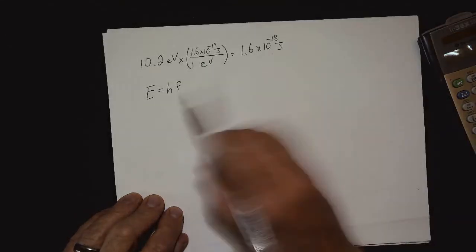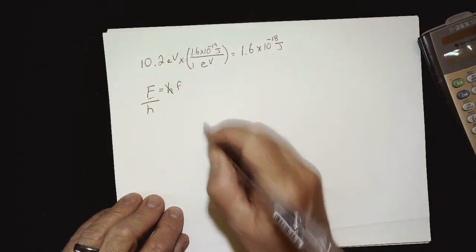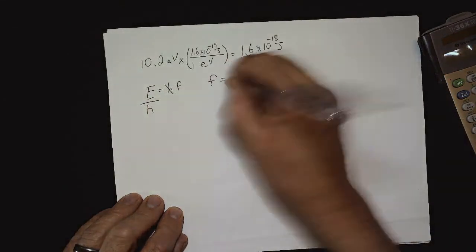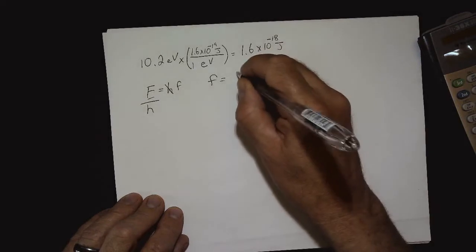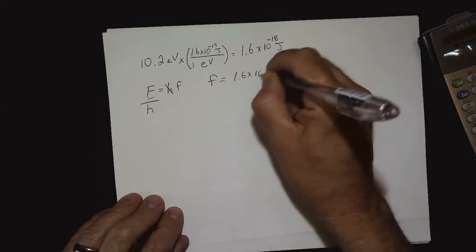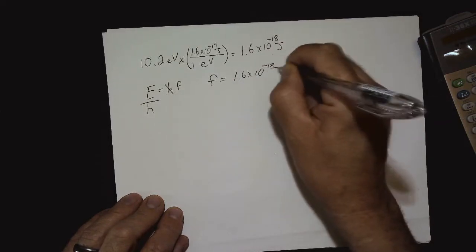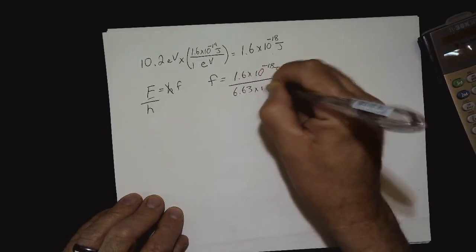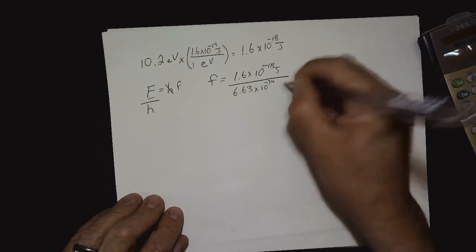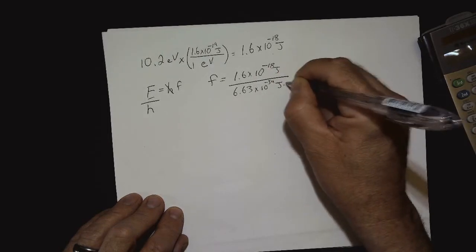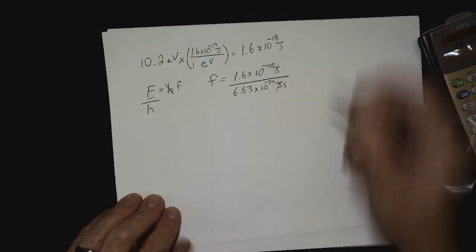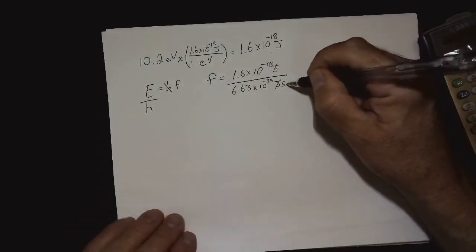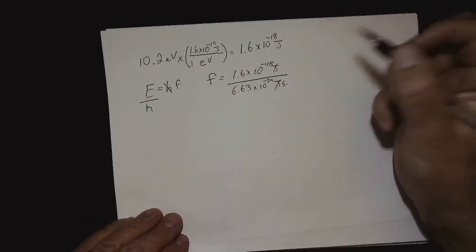We have the energy and we're looking for frequency, so E divided by h is going to be frequency. So the frequency is our 1.6 times 10 to the minus 18th joules divided by Planck's constant, 6.63 times 10 to the minus 34th joule seconds. So we see the joules are going to cancel. We're going to be left with reciprocal seconds, which is good because that's hertz.